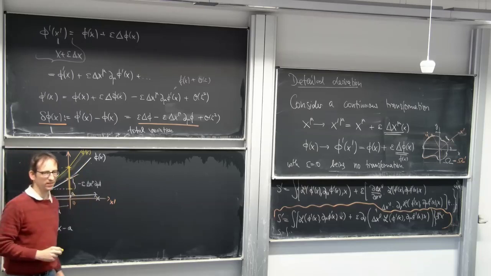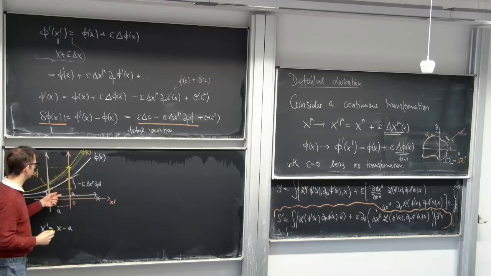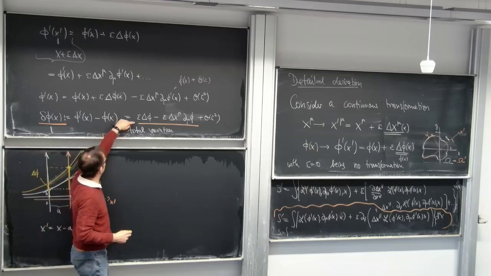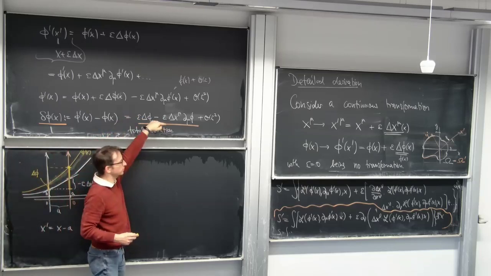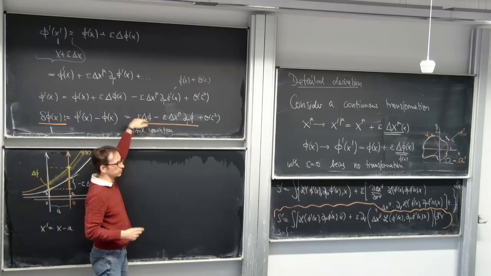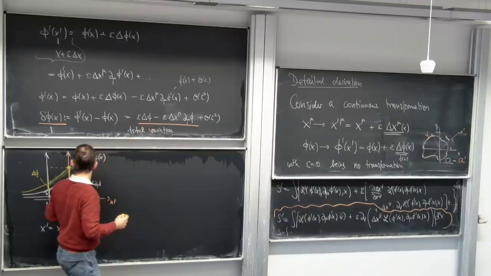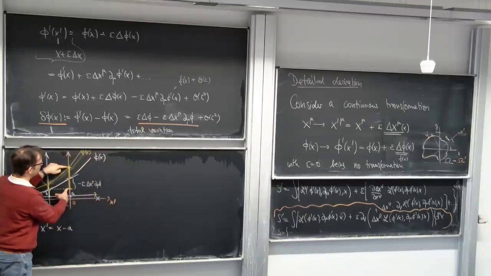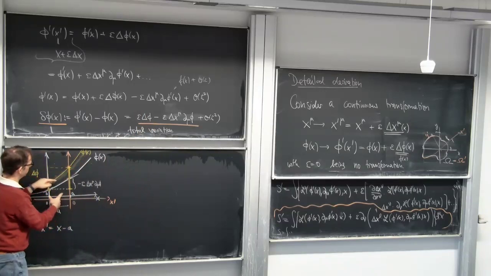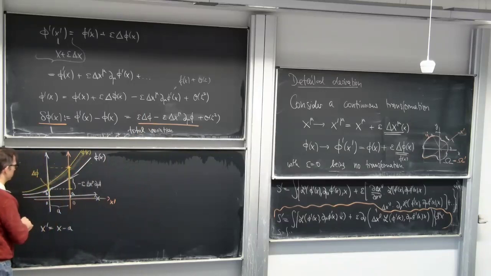Why was I hesitating? I hesitated because I want to call this the total derivative, the total variation, because it's the sum of two contributions. Now this looks a lot more total than this part, but that's just because of the minus sign in between, so we're kind of subtracting things. You have to think about it harder, and maybe not move it to the right, or have a function that goes with a negative slope.